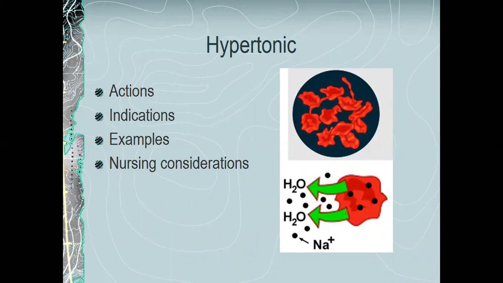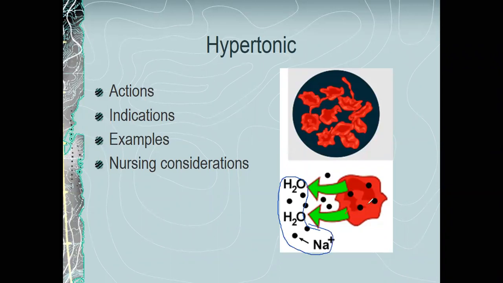All right, next step we have, and lastly, hypertonic solutions. So hypertonic, the sodium content, let me get my pencil out again. Your sodium content is going to be higher outside of the red blood cells.